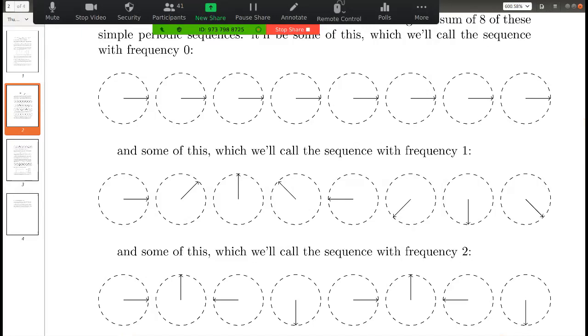What are those? If you look at just that sequence, you get 1, i, -1, -i. Somebody tell me what those are? I think those are the 4th roots of unity. Those are the 4th roots of unity.